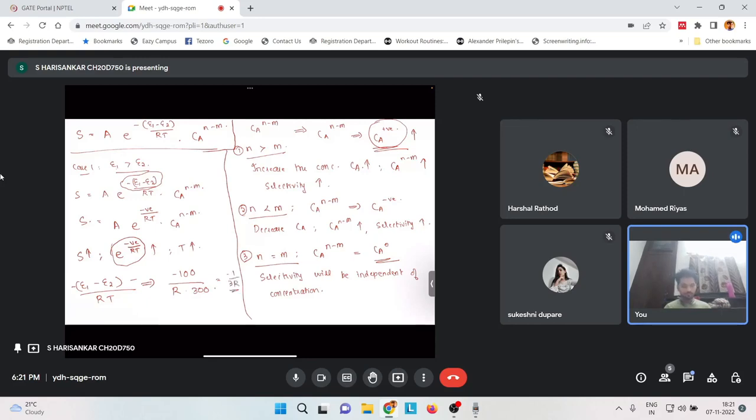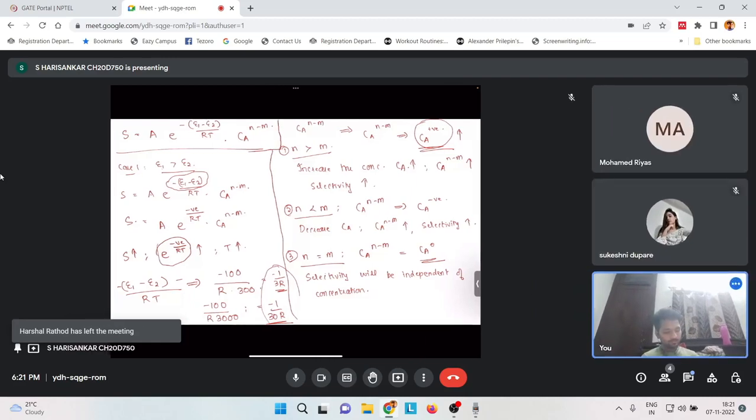In another case, if we increase the temperature to, let's say, 3000, it will be minus 1 by 30R, right? Out of these two, we can definitely see that the first is more negative compared to the second, right?